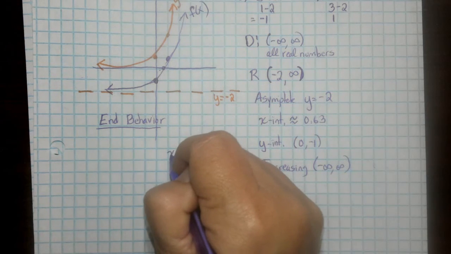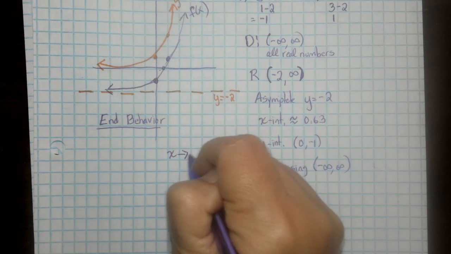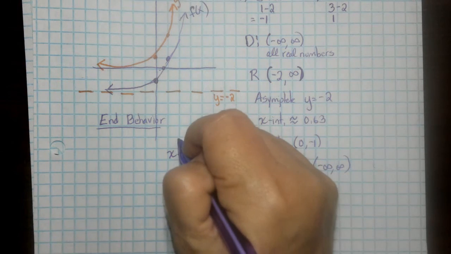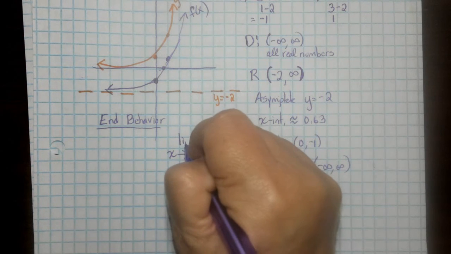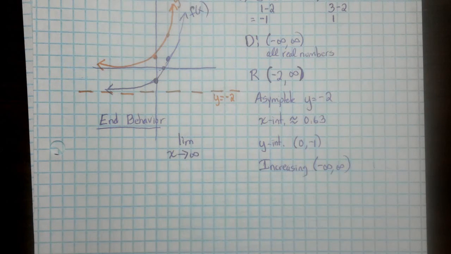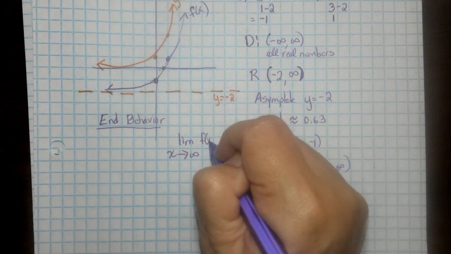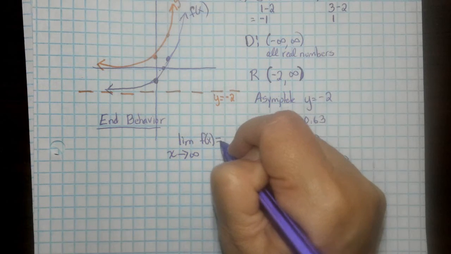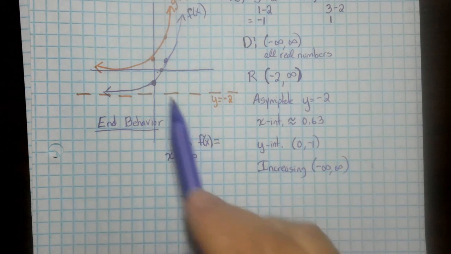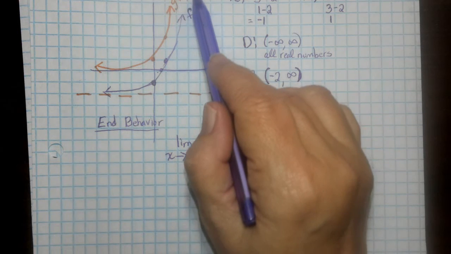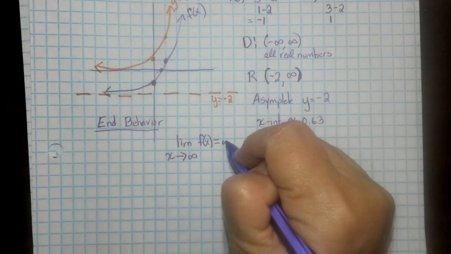So I'm going to write that down. x goes toward infinity. The limit, so I put LIM right on top of that. That's where it belongs. The limit of my function, f of x, is equal to infinity. So as x gets bigger and bigger, my function goes towards infinity.